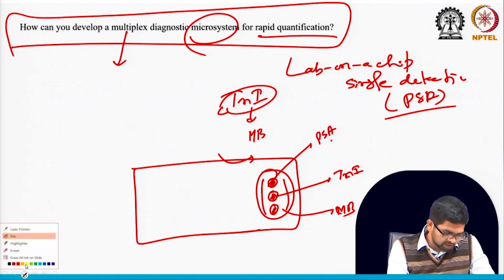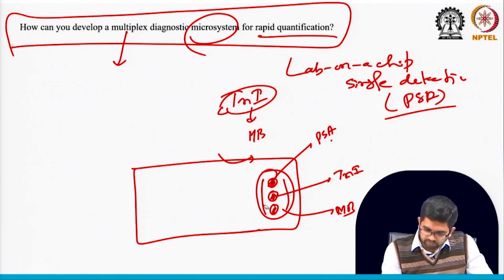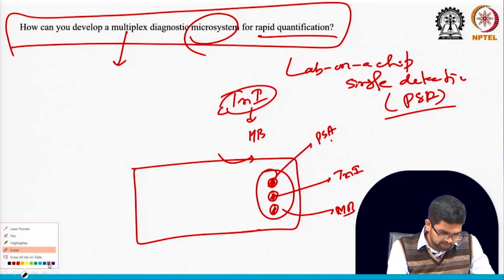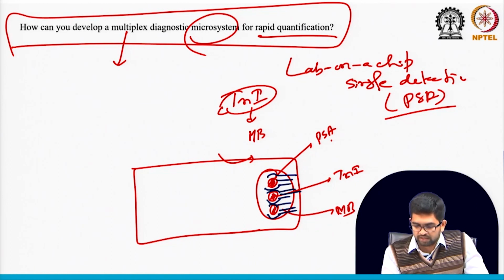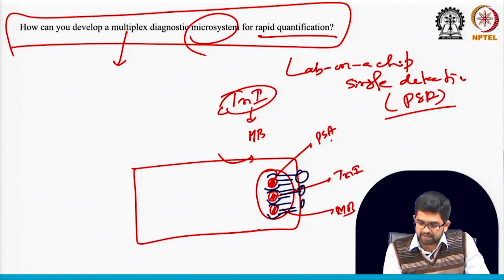Or another way is to make separate working, counter and reference electrodes for each. Then you need many connectors, that's all.